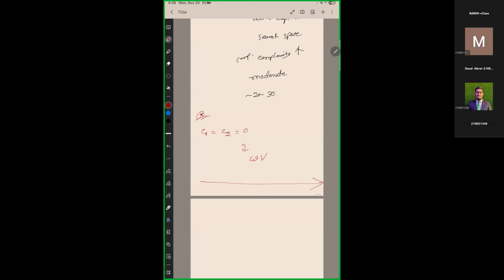If I initialize a particle here in this direction, it will hit the boundary on this side. Another particle initialized on this side will keep moving this way and hit the boundary here. So it will move in its own direction, where it started, and keep moving in that direction until it hits the boundary. Clear?